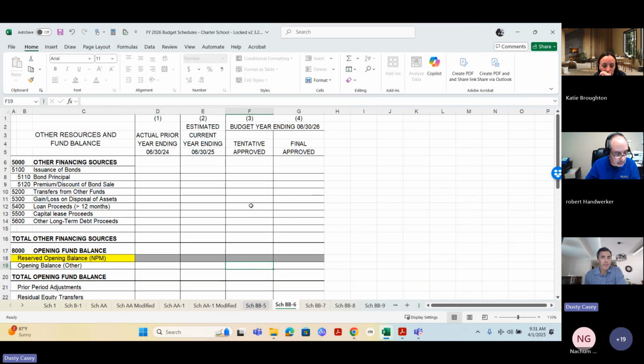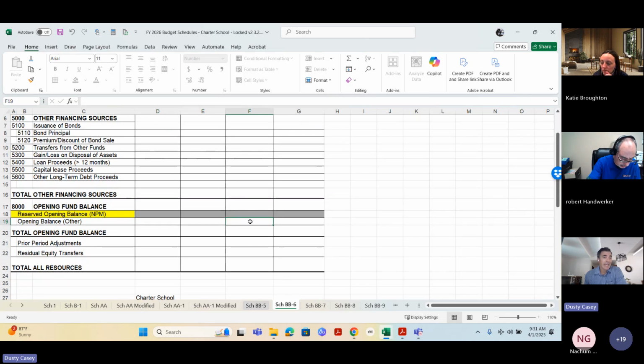So in column F for the tentative budget, if your audited ending fund balance from last year, based on the fund basis, not with the GASB adjustments, but based on your fund accounting basis, that would go here in your opening fund balance. And then you would have your total opening fund balance.